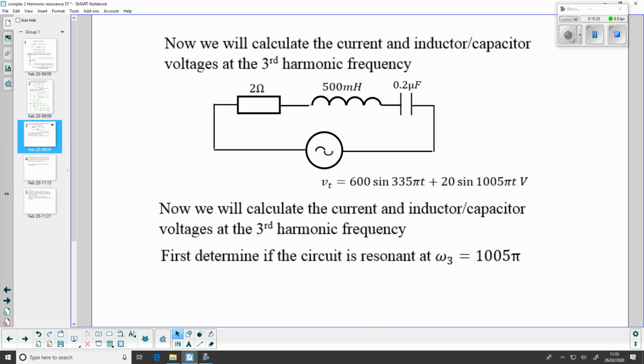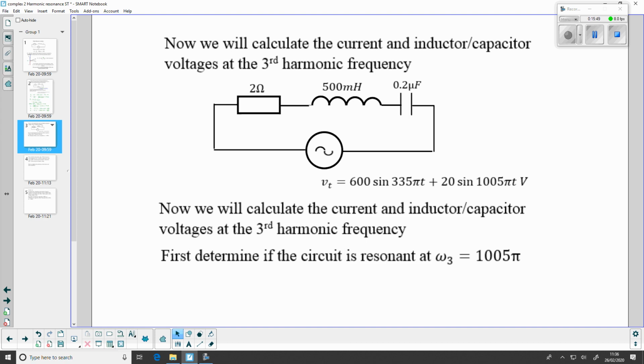If they are, your impedance is equal to R, and then you can go on and do the calculations to find the current flowing and the voltage across the capacitor and inductor at resonance. Everyone know what to do, or do you want to do it together?